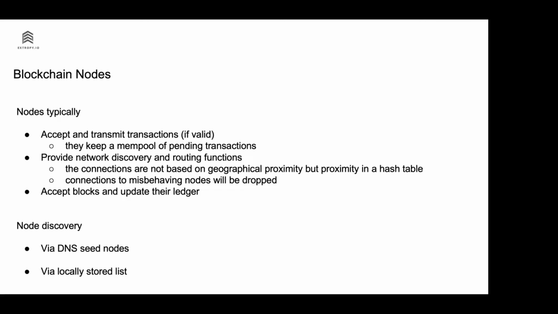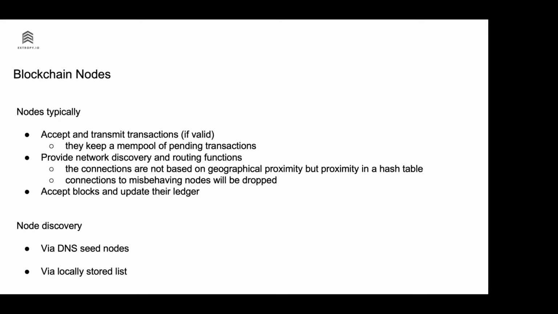And then on the more network level, they provide services to do with network discovery and routing. So the client has to know how to join other nodes and how to discover other nodes on the network. And this is done via things called distributed hash tables, where the connections that a particular node makes to other nodes are not based on geographical proximity. It is based on proximity in a hash table. So you don't necessarily get connected to nodes that are close to you, but it's done with a hash of the IP address.